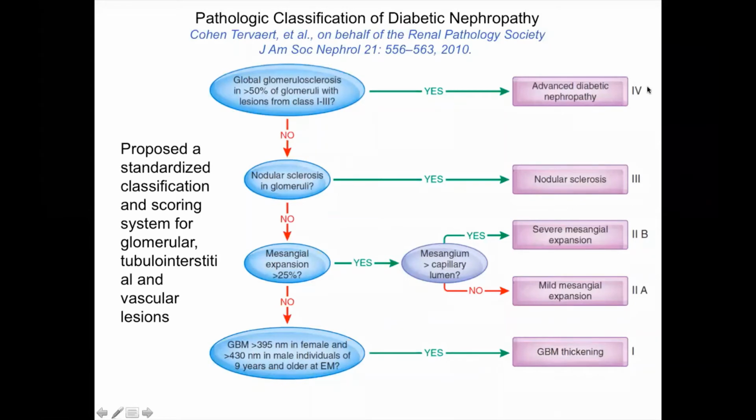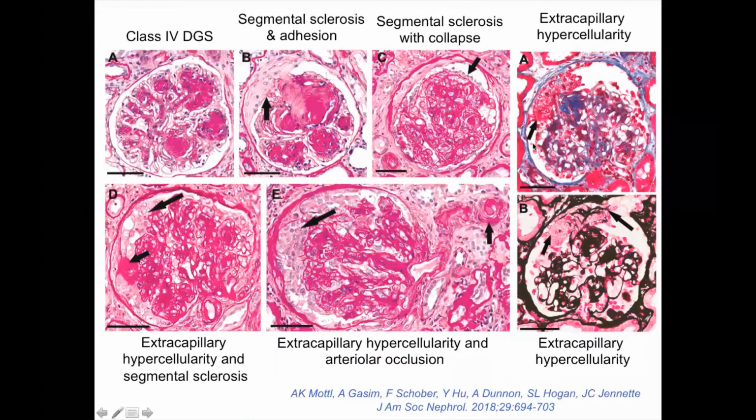Like I said, this is just a proposal to say how severe the disease is, but to be honest, I think most nephropathologists are not using it. Rather, they're saying mild, moderate, severe. These are the different features of diabetic nephropathy.